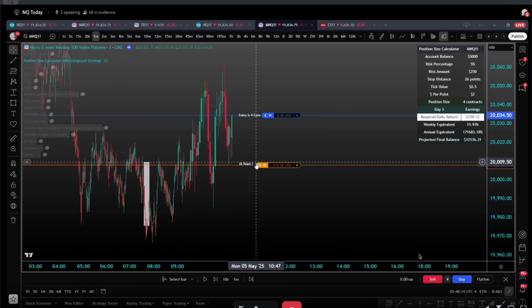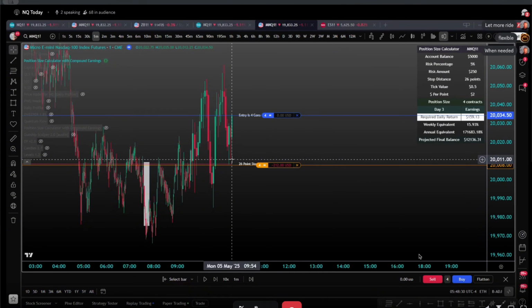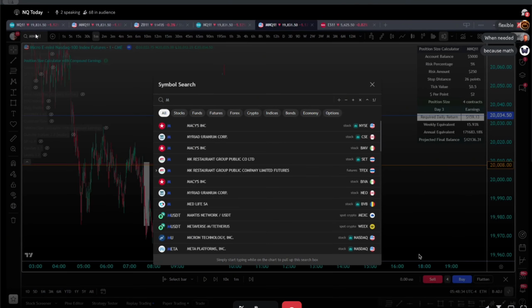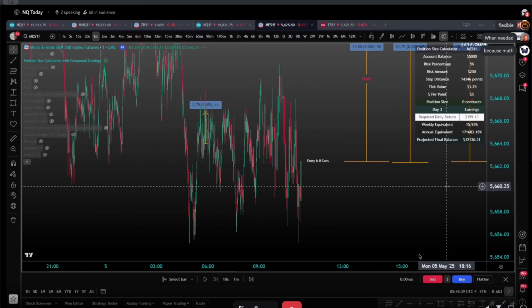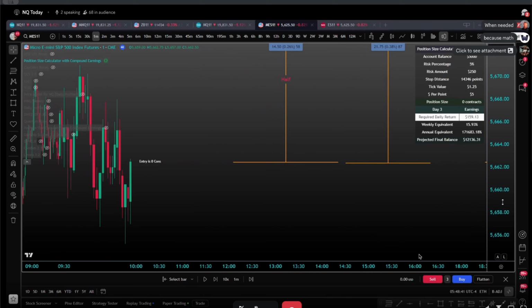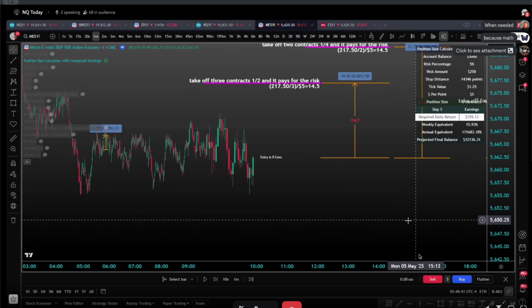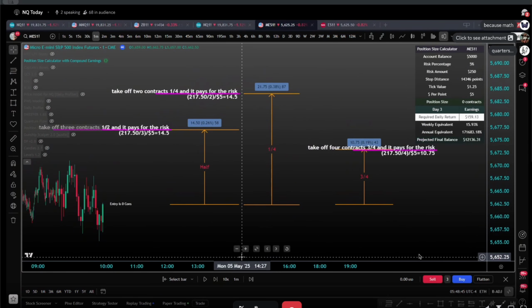Why is it better to trade 6 than 4 when it comes to taking partials? Right, so this is worth 26 points. The other one was worth 7 handles. No, think about what we're talking about. Let's go back to MES.